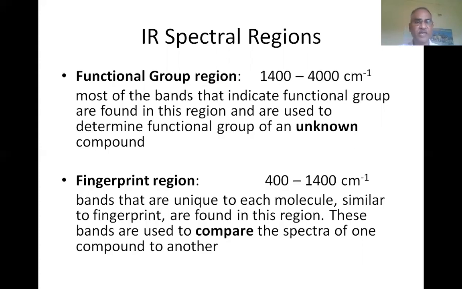In the functional group region, most of the bands that indicate functional groups are found, and they are used to determine the functional group of an unknown compound. In the second region, bands that are unique to each molecule, similar to a fingerprint, are found, and these bands are used to compare the spectra of one compound to another.